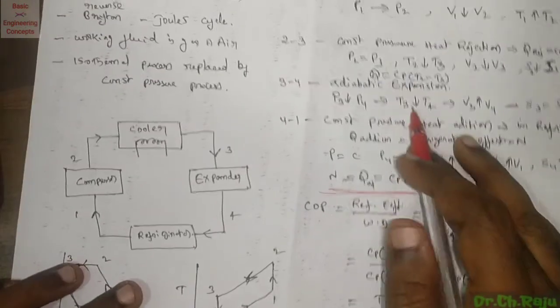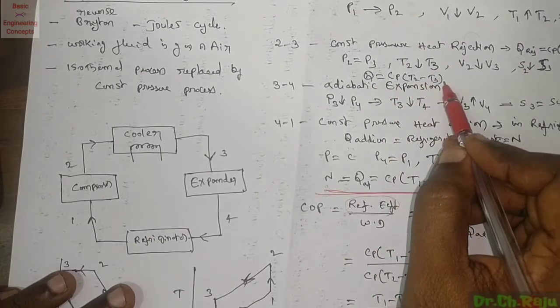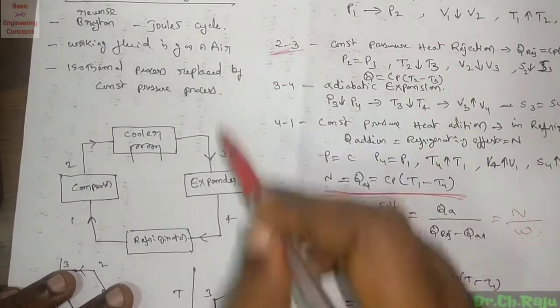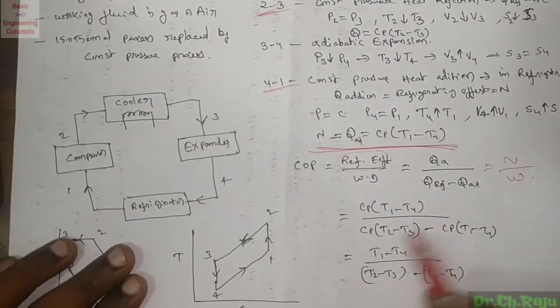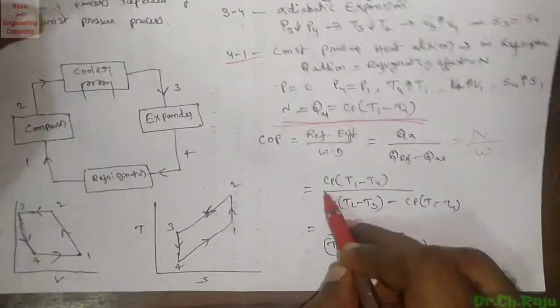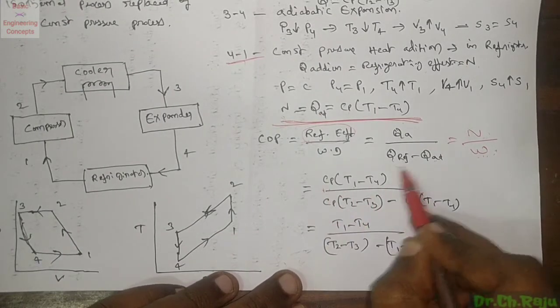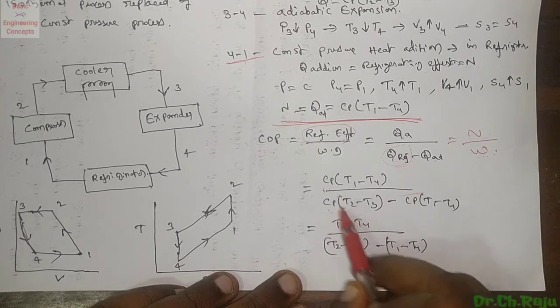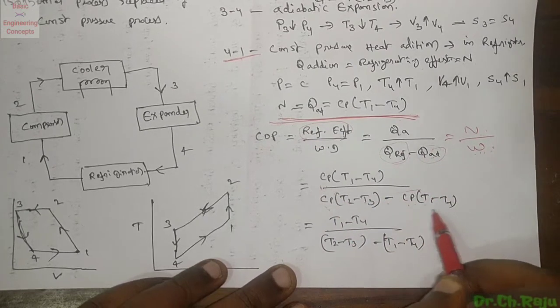Here we have already written the formula. Heat rejected is Cp into T2 minus T3, during the 2 to 3 constant pressure process, and 4 to 1 is the heat added. So you can substitute: heat added Cp into T1 minus T4, divided by heat rejected Cp into T2 minus T3, minus heat added Cp into T1 minus T4.